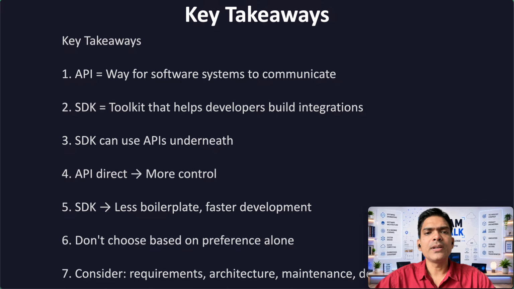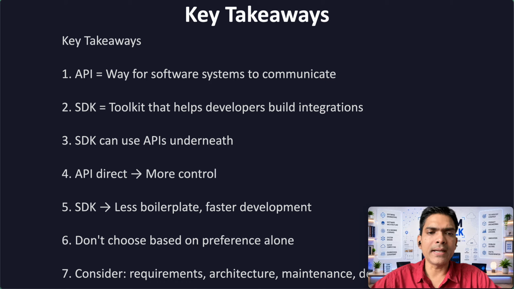Let's quickly summarize today's discussion. An API is a way for software systems to communicate. An SDK is a toolkit that helps developers build the integrations. An SDK can use APIs underneath.